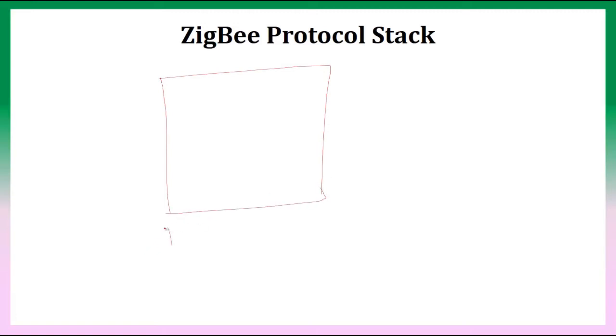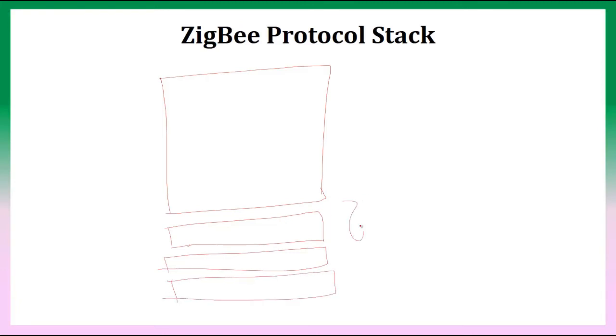So there are three layers from 802.15.4. We have already talked about it: 802.15.4 supports us with the physical layer. It's never that you need to mug up all the things.